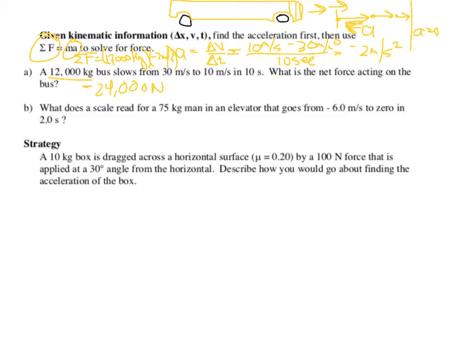Okay. B, what does a scale read for a 75 kilogram man in an elevator that goes from negative 6 meters per second to 0 meters per second in 2 seconds? All right. Well, let's pretend that the man's motion map is like this.